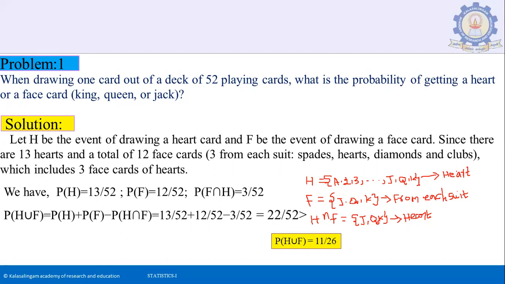So by addition theorem, probability of H union F equal to probability of H plus probability of F minus probability of H intersection F. 13 by 52 plus 12 by 52 minus 3 by 52. It is 22 divided by 52. We can simplify, that is 11 by 26.